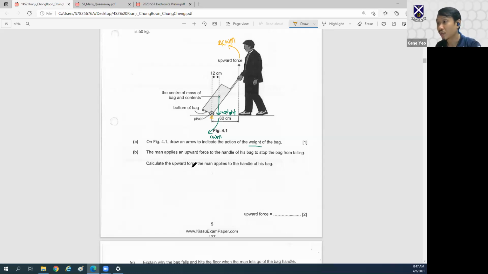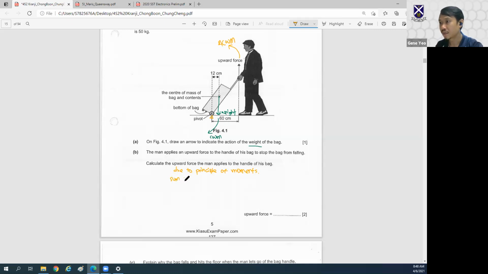the unknown upward force. So first of all, always write down the statement, due to principle of moments. All right, write that down.